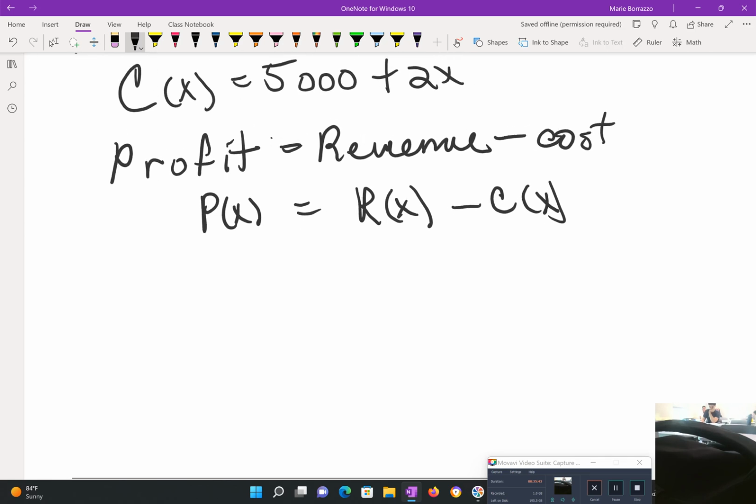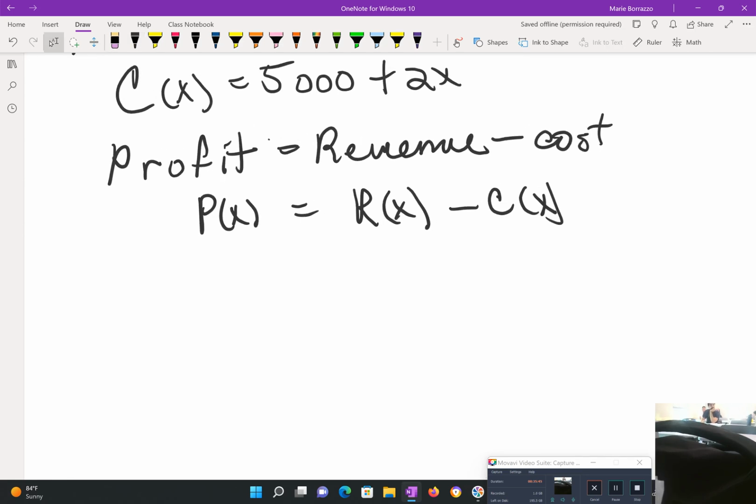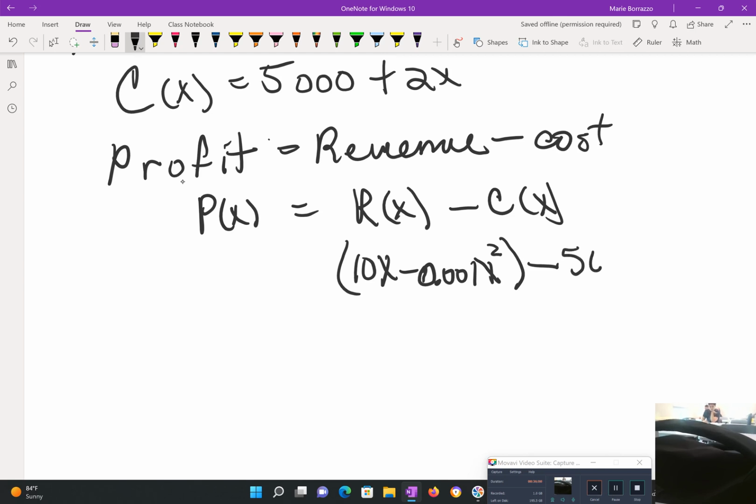We know the revenue from the previous example, so we know 10x minus 0.001x squared, minus that cost function, which is 5,000 plus 2x, which if I distribute the negative, becomes negative 5,000 minus 2x.